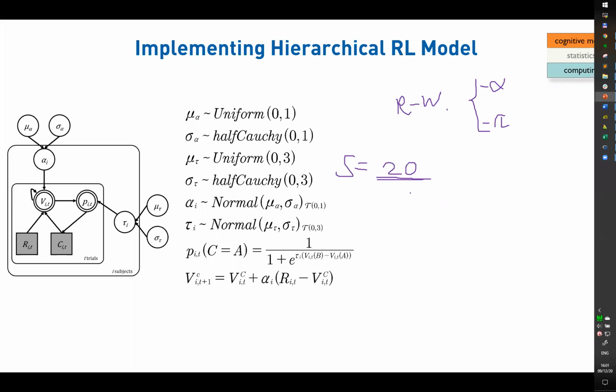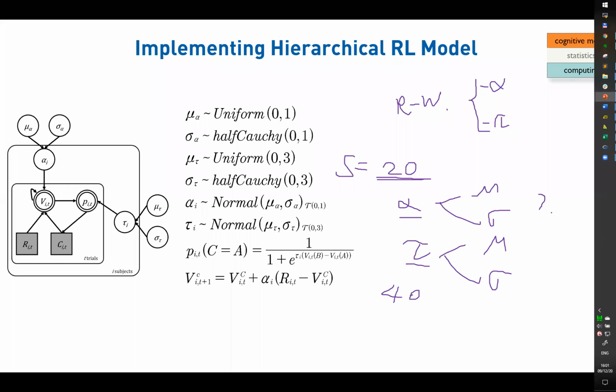Yeah, you're right, 44. Exactly. So we have 20 people, right? We have alpha, we have tau, okay? That means we have 20 of this, 20 of that. This is 40, no surprise. And we have a mu and sigma for the alpha, and a mu and sigma for the tau. So here 2, here 2. Altogether, we have 44. Does that make sense?